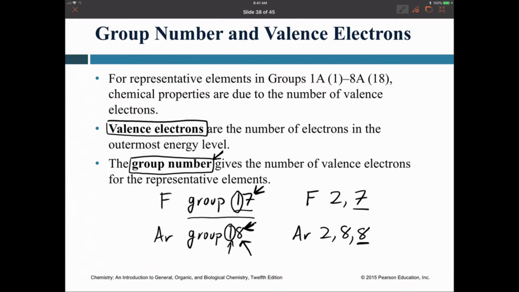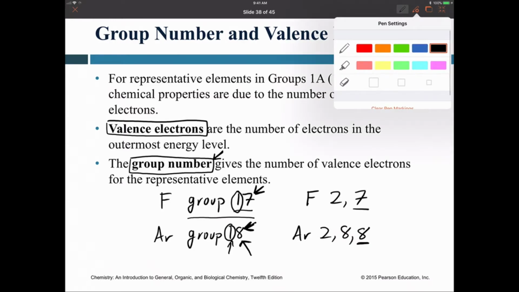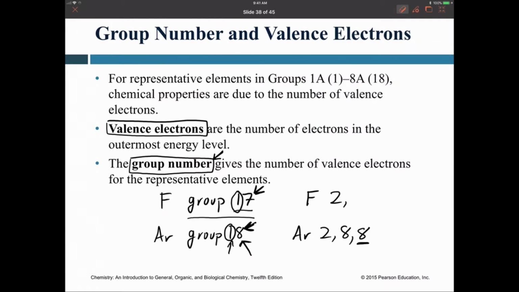Let's do one more. What's a good one? How about sodium? Sodium is in group 1.